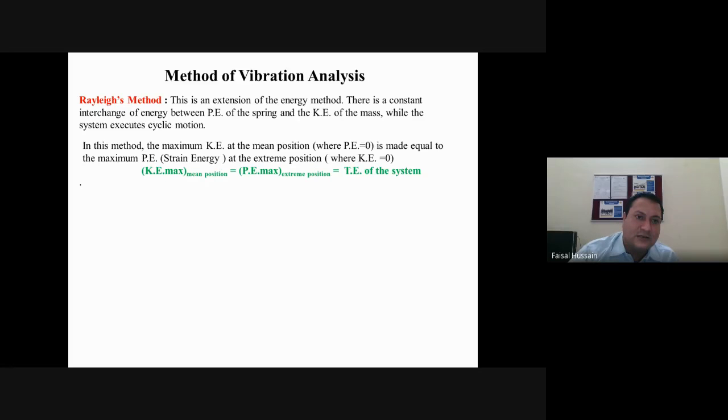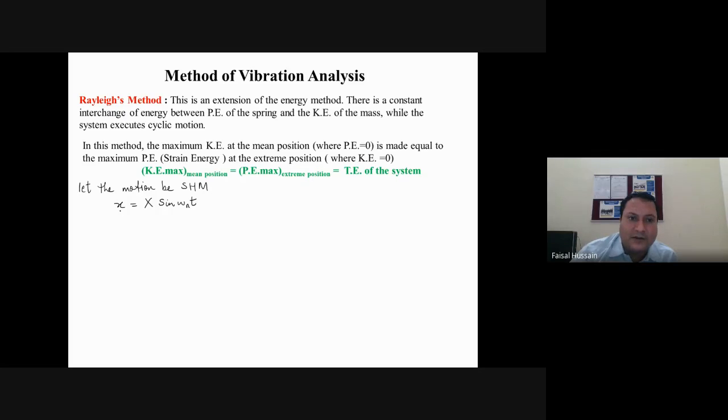Here let us assume that the motion is simple harmonic. Also, if the motion is simple harmonic, let the displacement be x = X sin(ωn t).